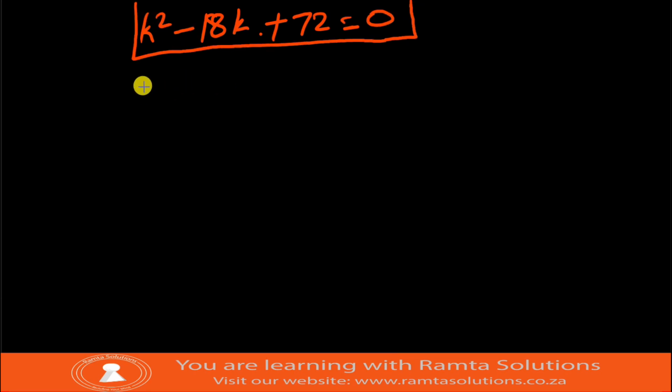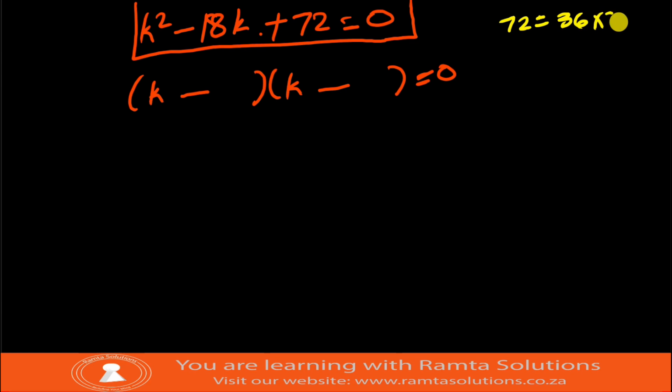So, we can say this is k minus, leave a space, k minus, leave a space, equals 0. We're going to look for factors of 72. 72 can be divided by 2, but it'll be 36, so it doesn't work. If it's divided by 3, it'll be 24, it doesn't work.